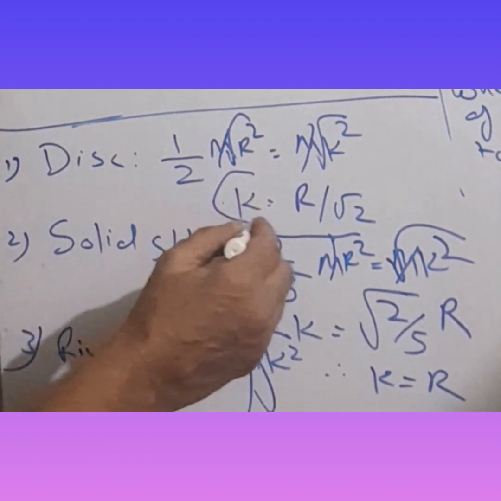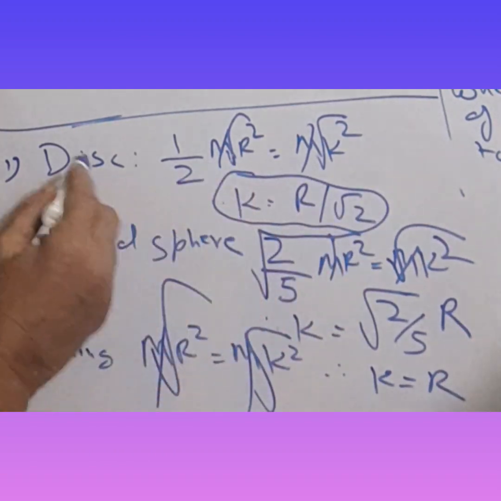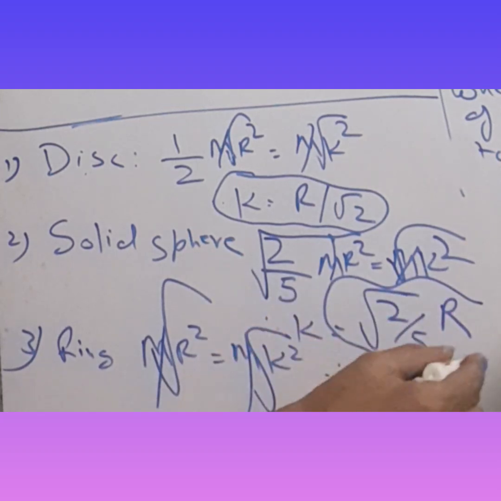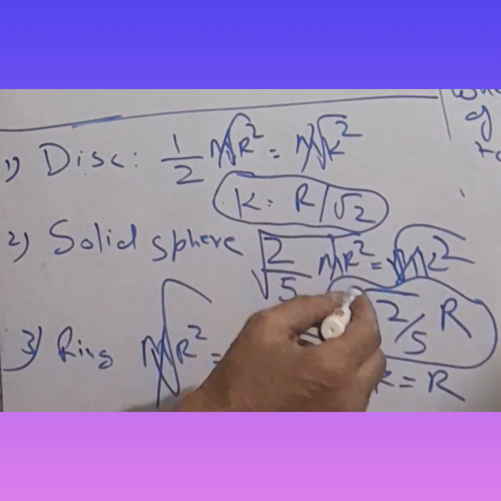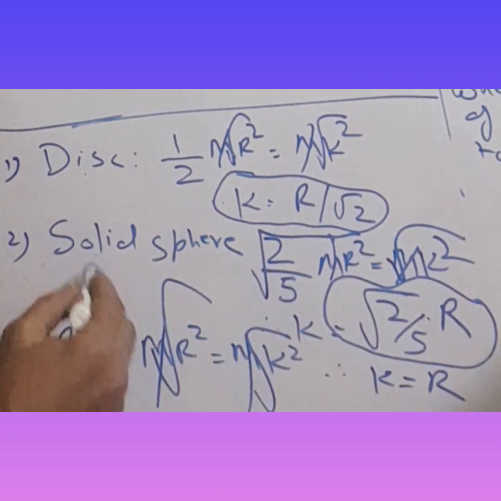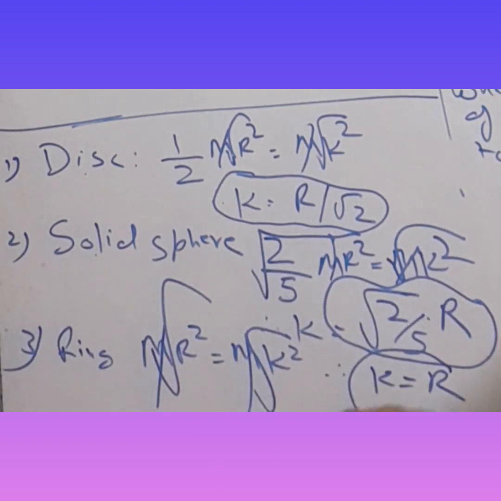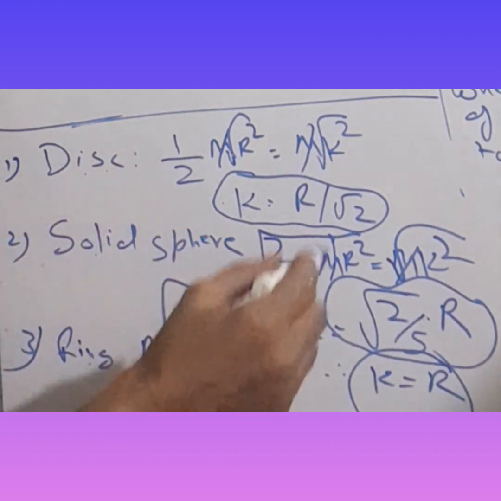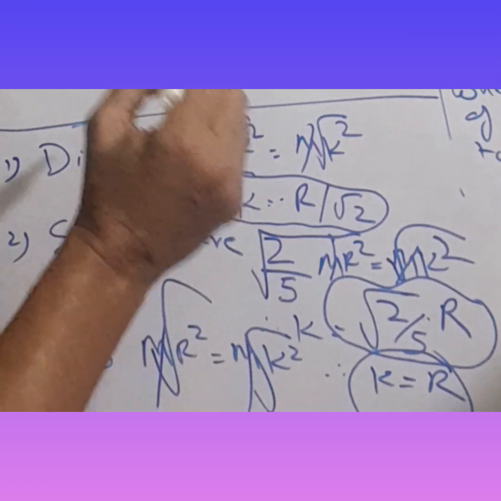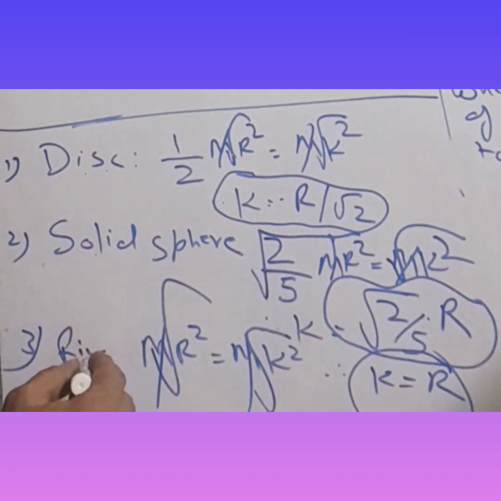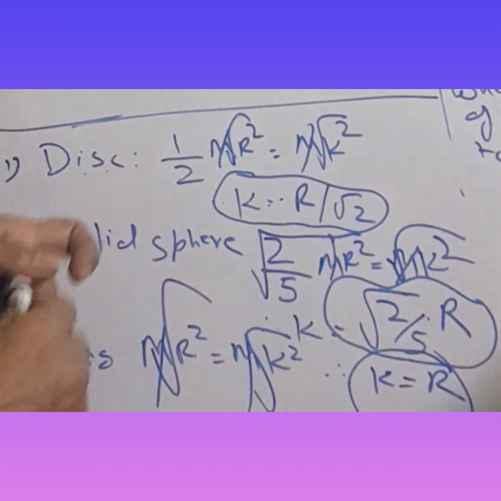So these are all the radii of gyration. Radius of gyration for a disk is r by root 2, for a solid sphere it is root 2 by 5 r, and for a ring k is equal to r.